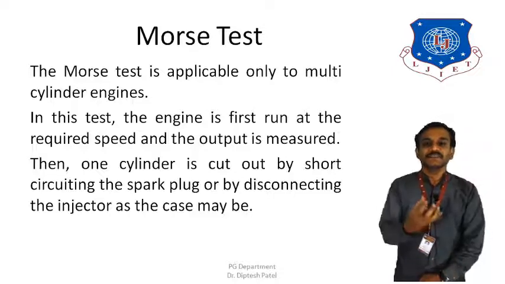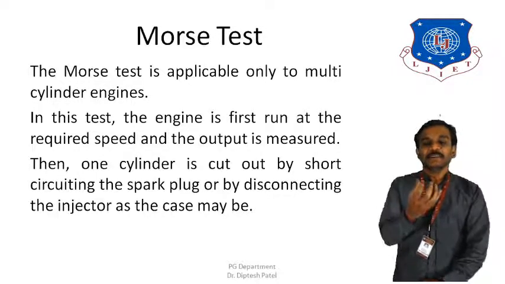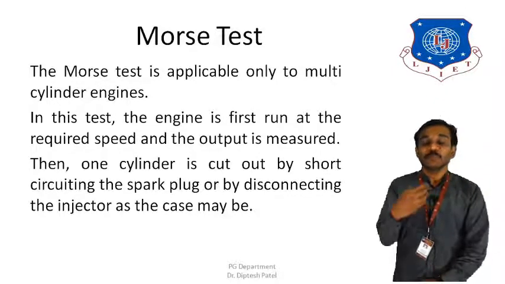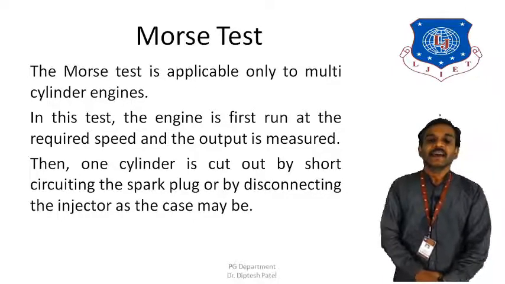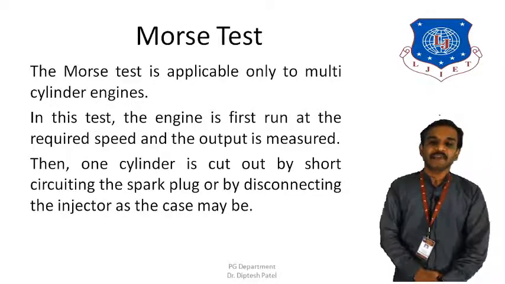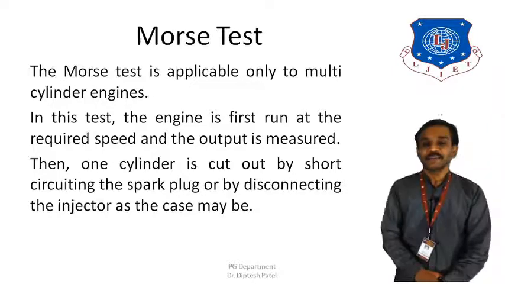So both the speed and the power will reduce, while the speed is adjusted and mostly kept the same as the previous test by adjusting the throttle. Thereafter the difference between these two is measured, which gives the indicated power of that particular cylinder.